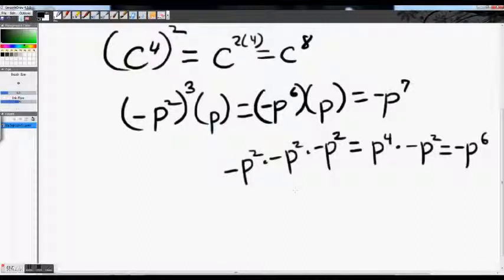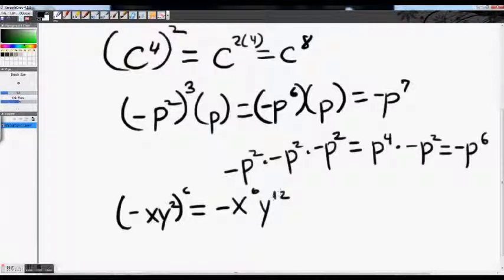Let's do a few more. Let's say we have negative xy squared to the sixth. We will multiply the exponents, and we'll have negative x to the sixth times y to the 12th. However, remember what happened when we raised negative 1 to an exponent? Well, let's think about it this way. This isn't actually right.